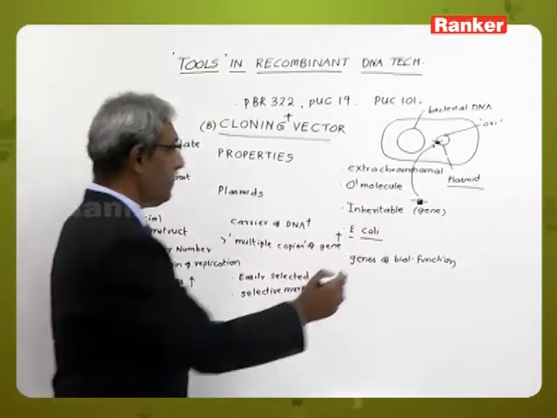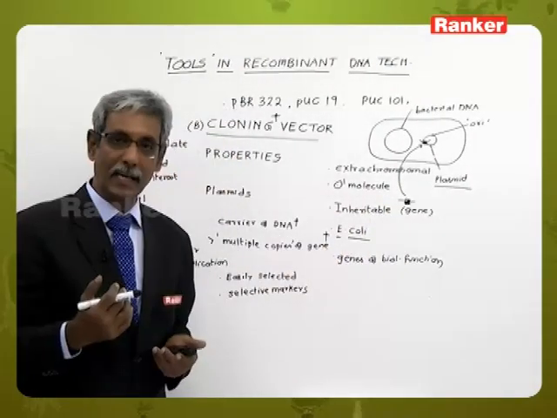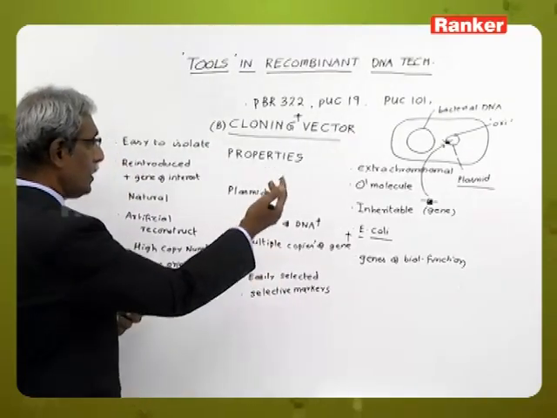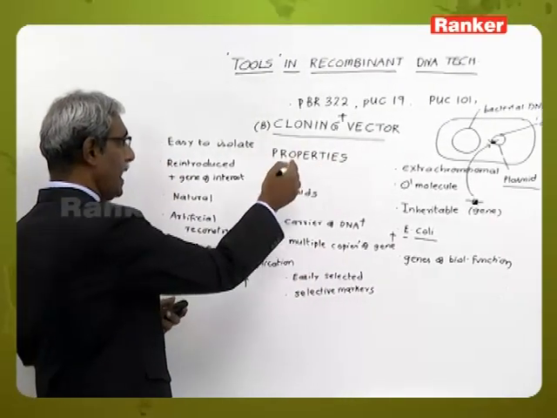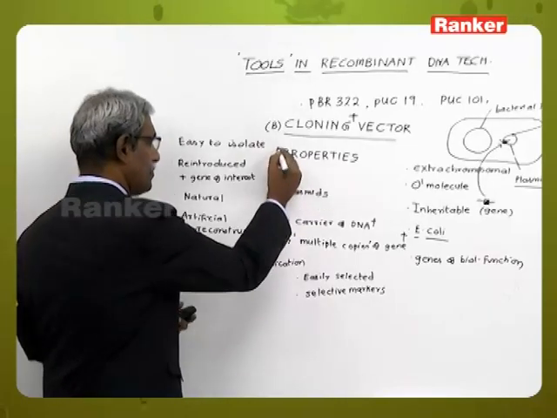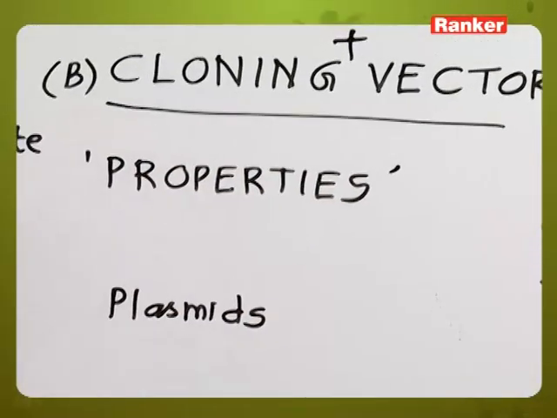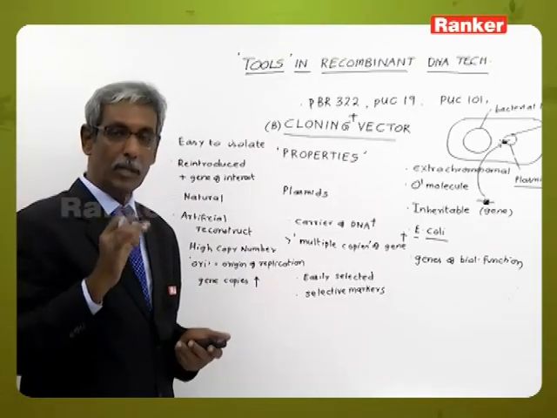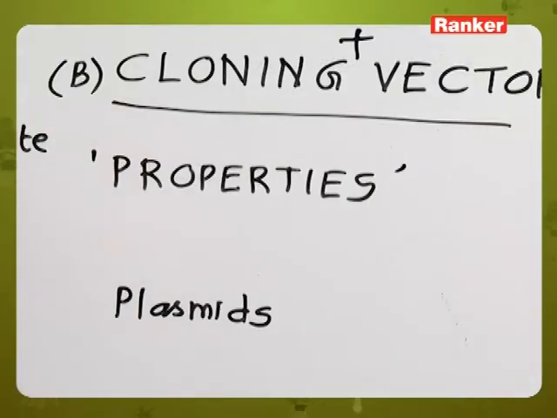Because a plasmid has a few characters. Now, what are the reasons why you call a plasmid a cloning vehicle? It has some specific properties. What are the properties of a good cloning vector, or a plasmid? They are as follows.